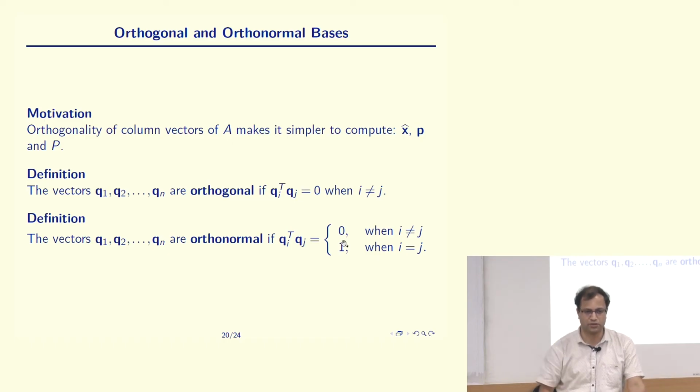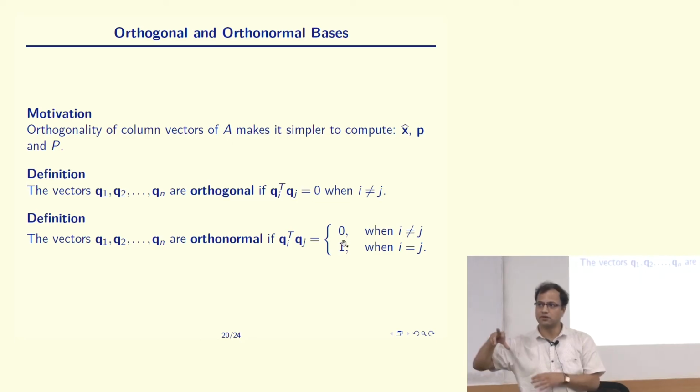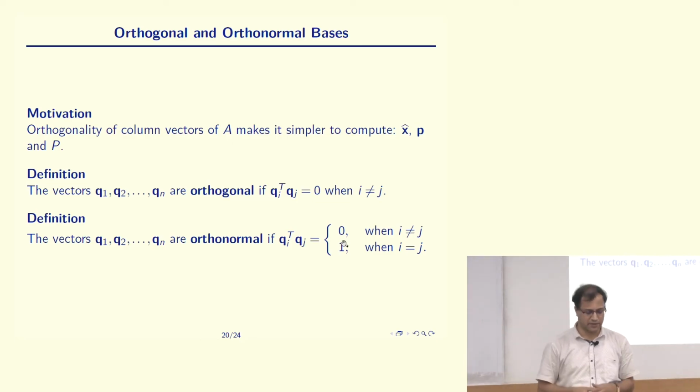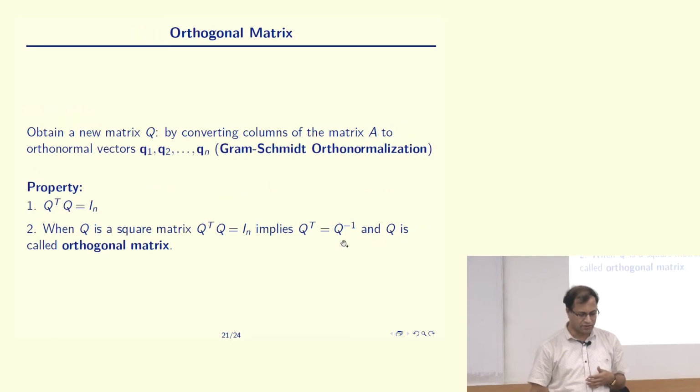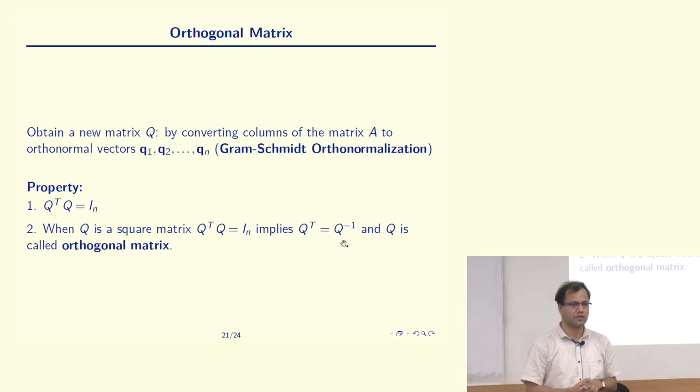So the length will also be 1. We would like to satisfy these properties in our column vectors, and that can be done using a method called the Gram-Schmidt orthogonalization or orthonormalization method.